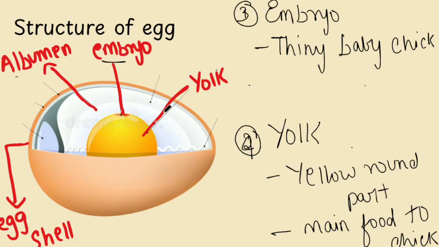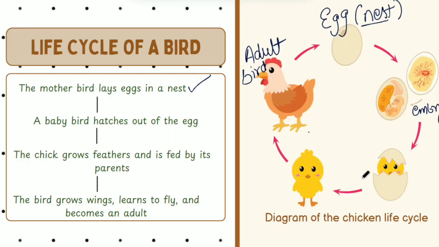This yellow part is the yolk, which is the main food for the chick. These two are very important in the life cycle of a bird. The embryo is a tiny baby chick and the yolk is the main food for the chick. The tiny bird grows inside the egg.